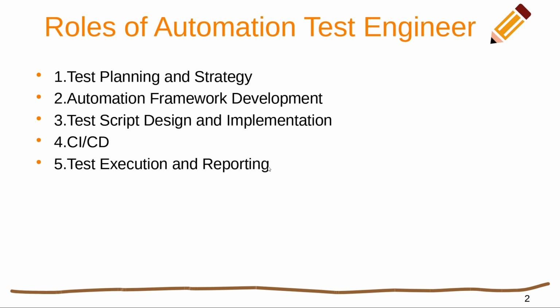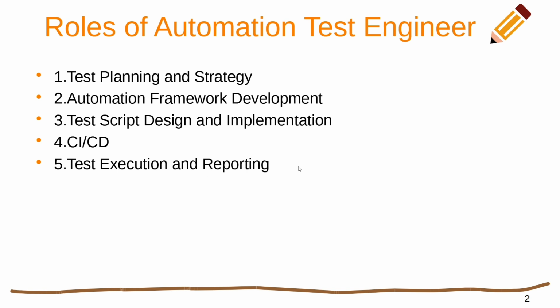We can use Allure or Extent reports. Reports should be clear with reproducible steps. So documentation is needed while executing. If you see any bugs in automation frameworks or automation scripts, then we need to report them immediately. This is the test execution and reporting stage.